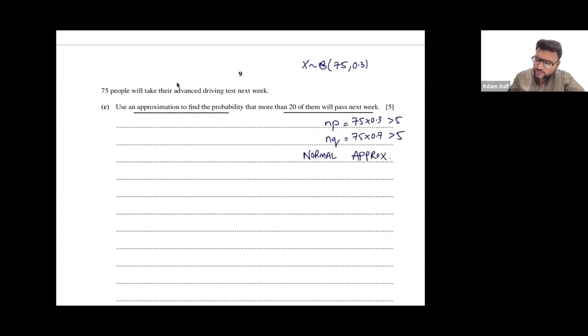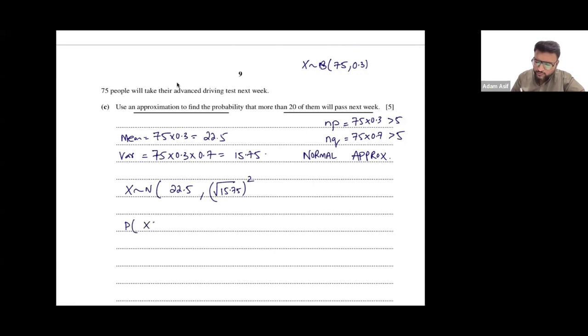To use normal approximation, I'll have to calculate the mean, which is np, that is 75 times 0.3, which is 22.5, and the variance is npq, so that's 15.75. So the normal distribution parameters are 22.5 comma 15.75. The standard deviation is the square root of 15.75.